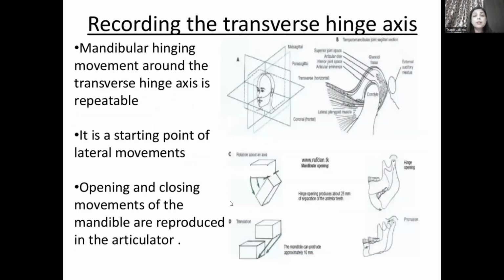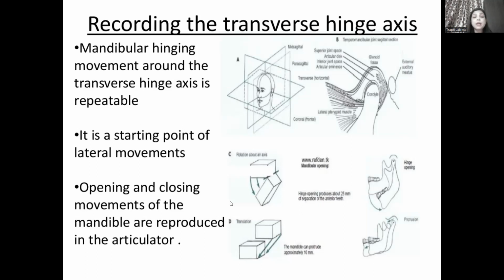So why are we recording the transverse hinge axis? This hinge axis is very important because it is the position, the point, around which all the lateral movements and all the opening and closing movements happen.